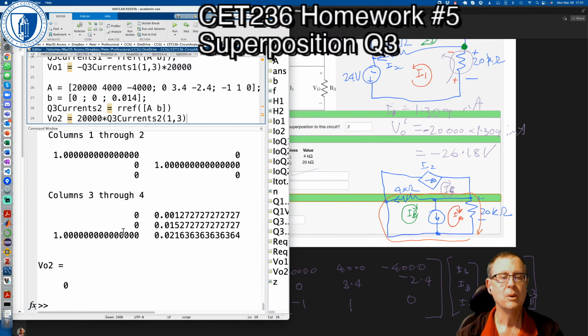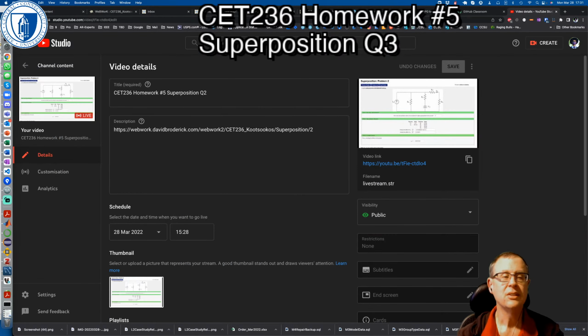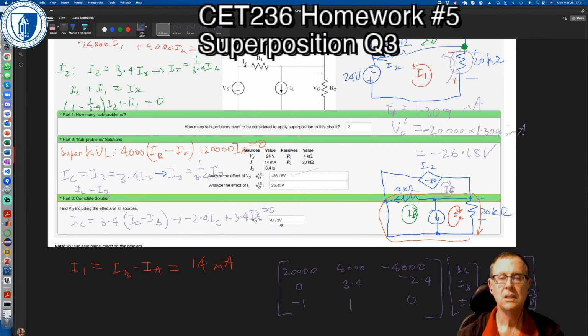No, it's not going to be 1,3. It's going to be 1,4, isn't it? Because it was a 3 by 3. So it's 25.45. Let's just see that that was the right number. There we go, 25.45. Okay, and then the total V out is just the sum of those two values. And that's what we get.